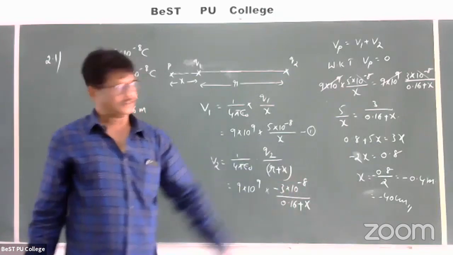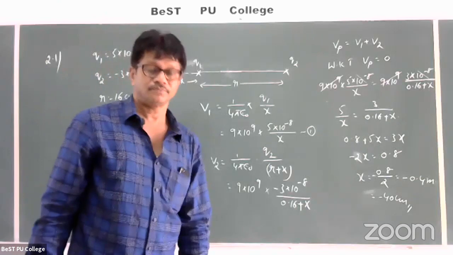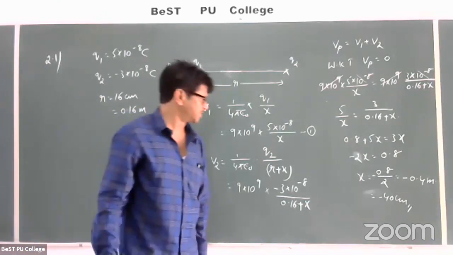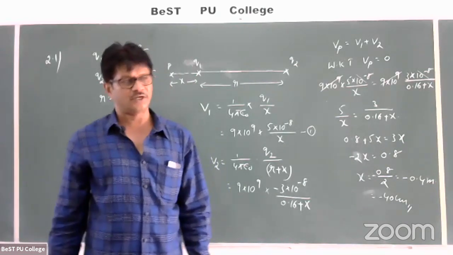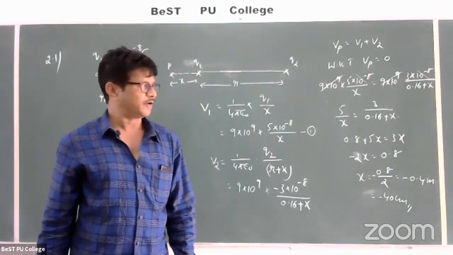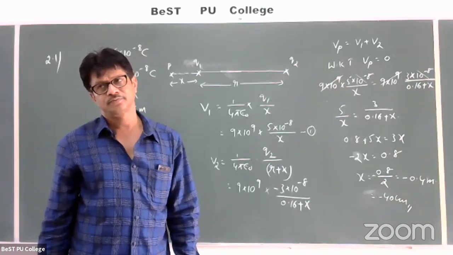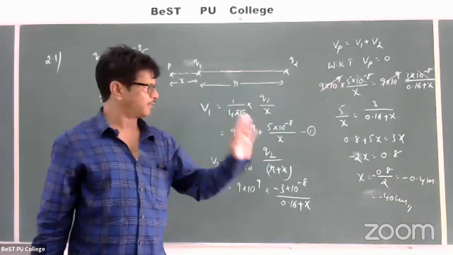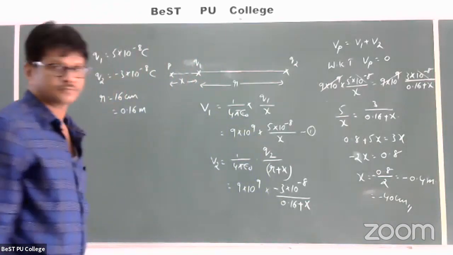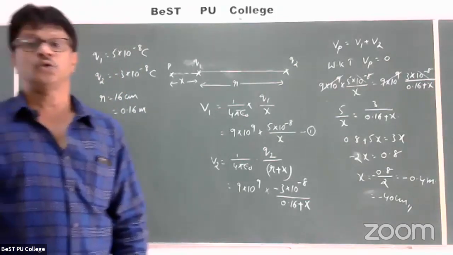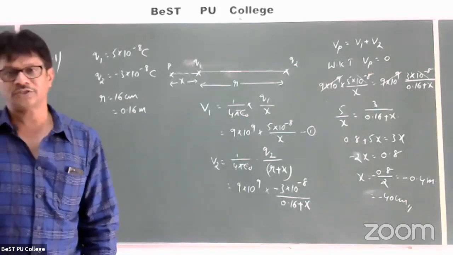The point P will be at a distance of 40 centimeter from Q1 towards its left.